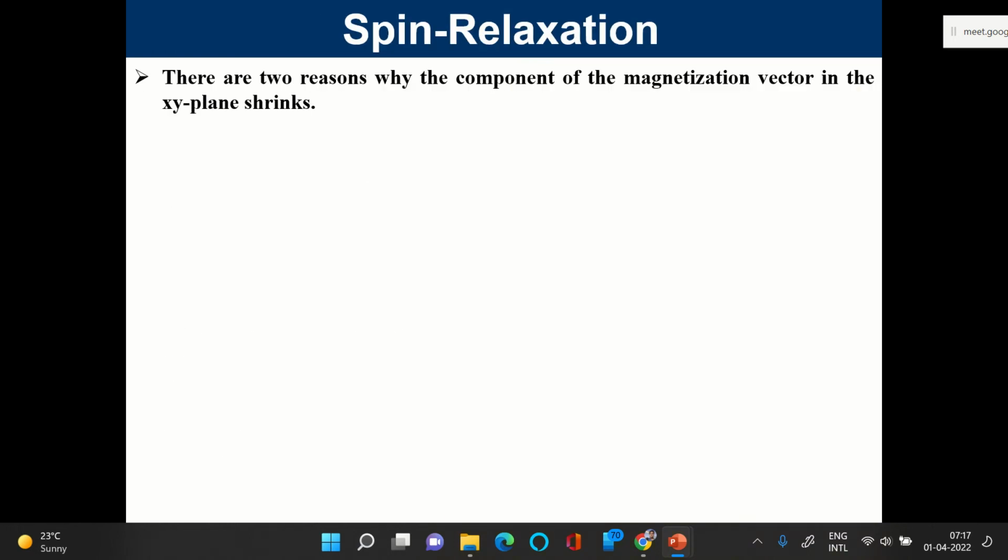So now we come back. This decay that you observe is happening because the spins are now changing, the spin states are changing, the orientation of the spin angular momentum vector is undergoing a change, and that gives rise to that. How it changes, that's what we are going to learn.